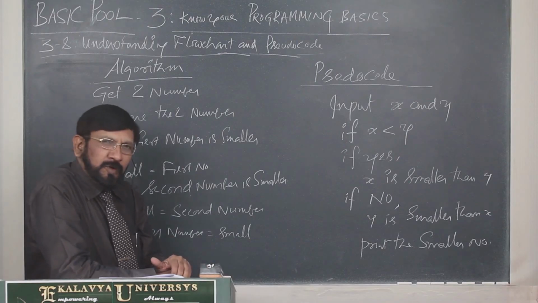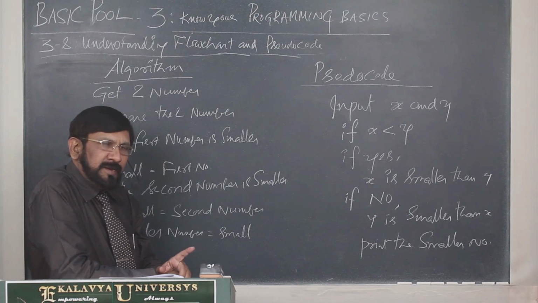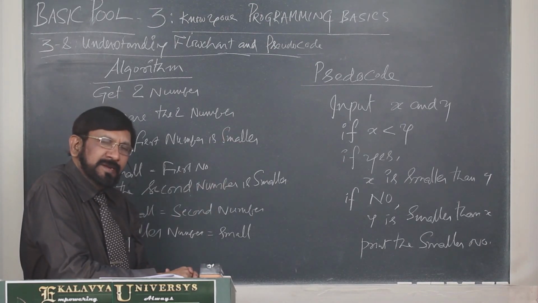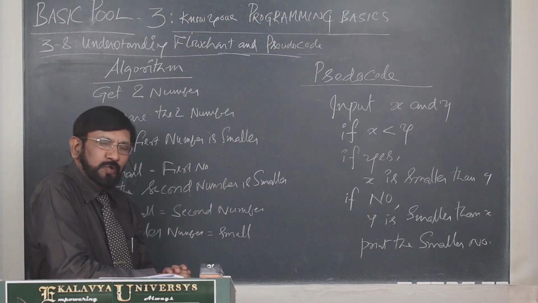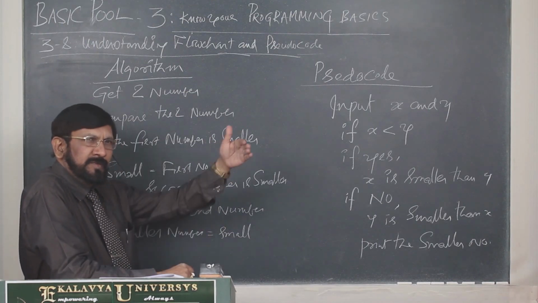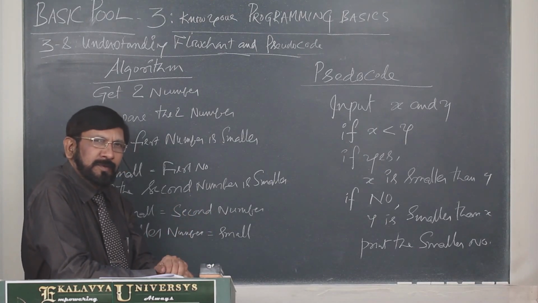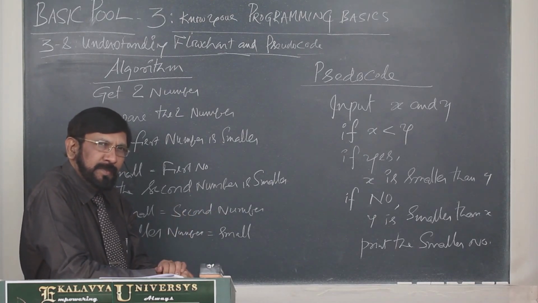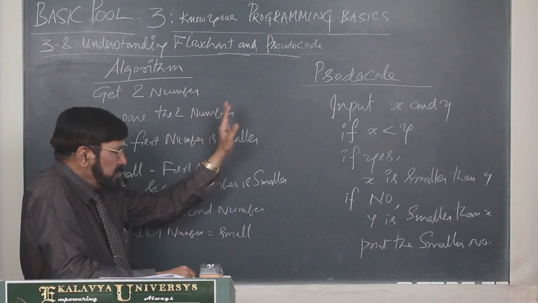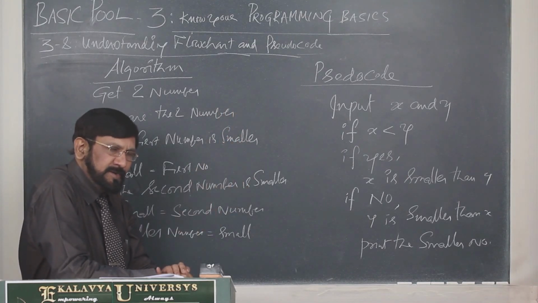Now, let us focus on the second variant of the algorithm, that is pseudocode. Already explained what is the algorithm. Algorithm is well-defined steps explaining the logic and plan of implementation of a program. It is described in human language like English.